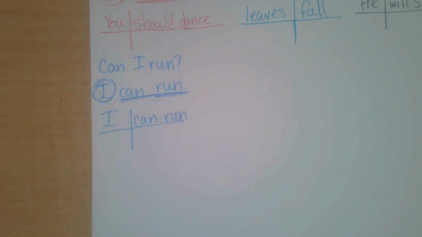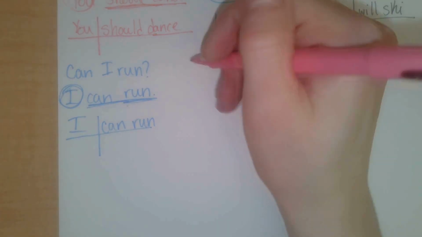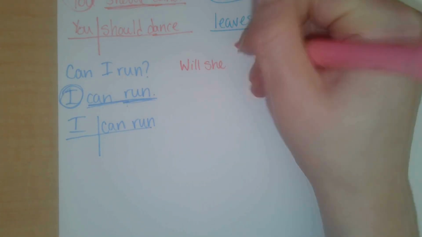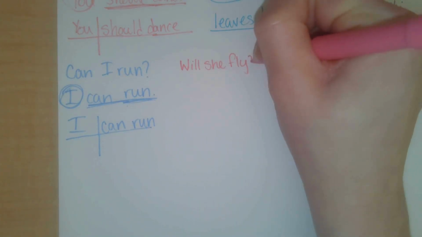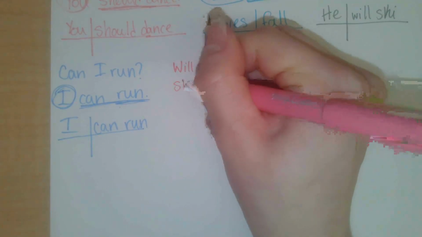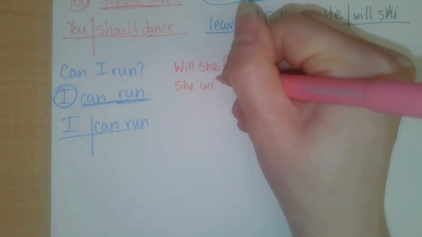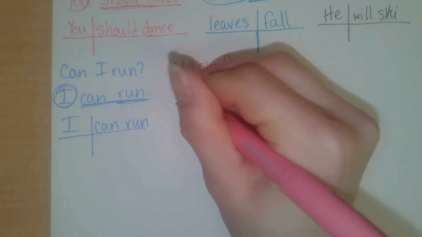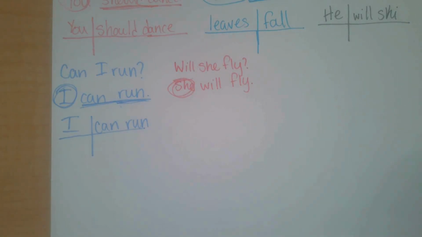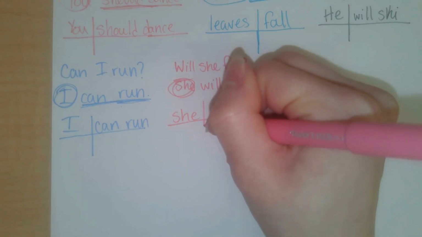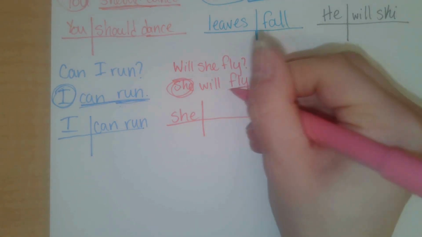Our next one, will she fly? Turning it into a statement, she will fly. Our subject is she. She's the one doing something. So we have she, horizontal line, vertical line, and then what is she doing?